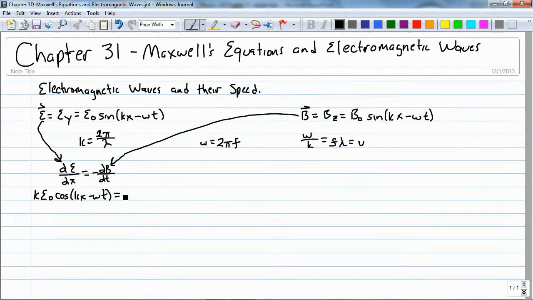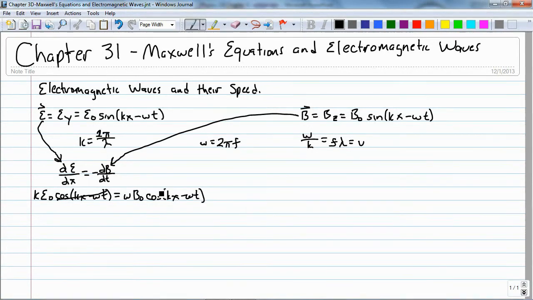And on the other side, we're going to do the magnetic field, and since omega is negative, it's going to cancel out the negative for the differential, and I'm going to have omega times my magnetic field strength cosine kx minus omega t.